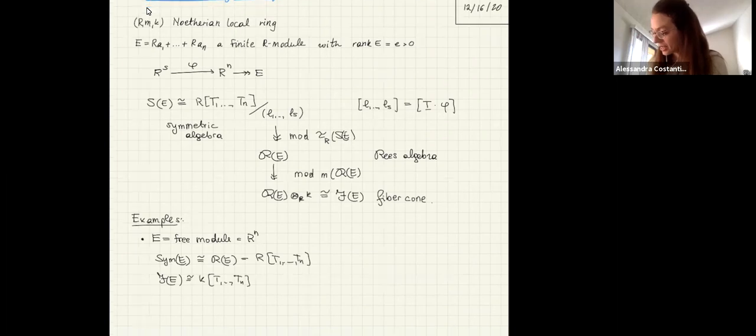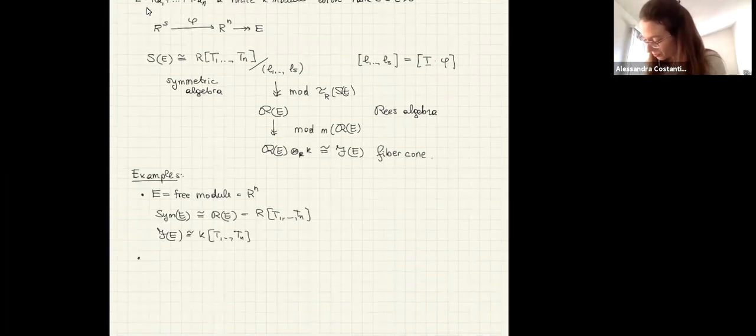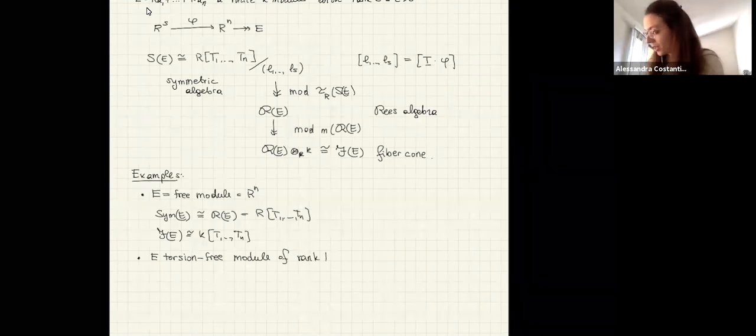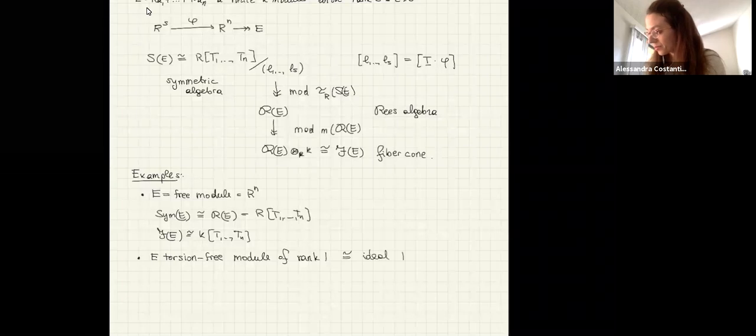Then the second easiest example is if you pick E to be a torsion-free module of rank 1. Well, torsion-free modules of rank 1 are isomorphic to an ideal of positive grade.